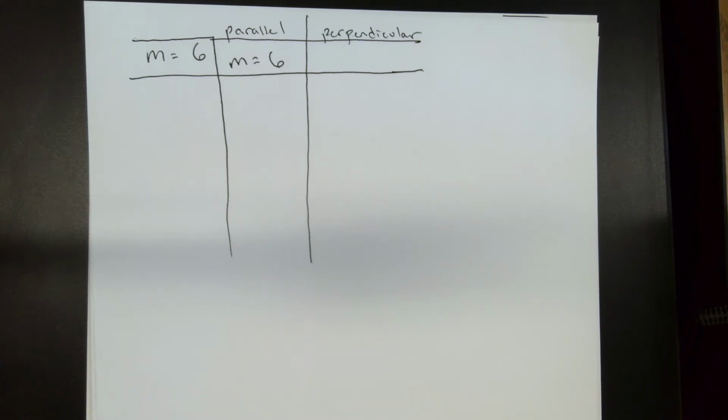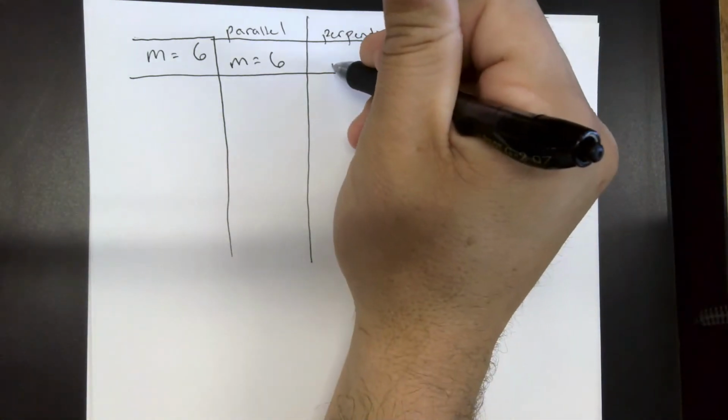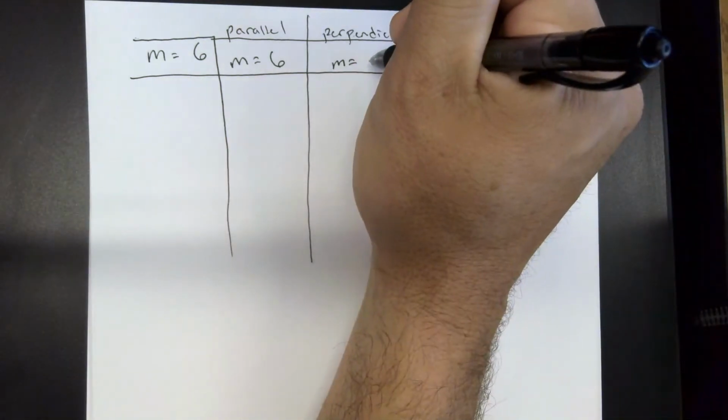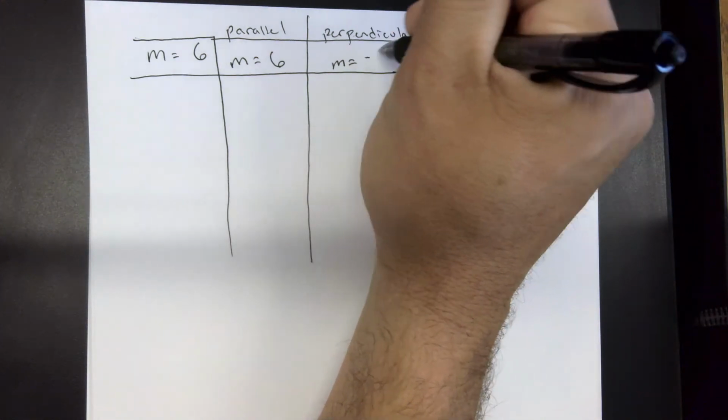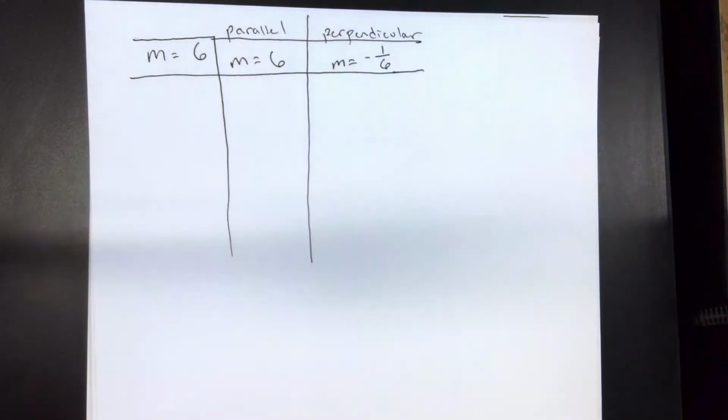I usually make people sing it. Parallel slopes are always the same. Perpendicular slopes, if the slope is 6, we're going to take the reciprocal and change the sign. So the reciprocal would be 1/6 and then change it to the negative.